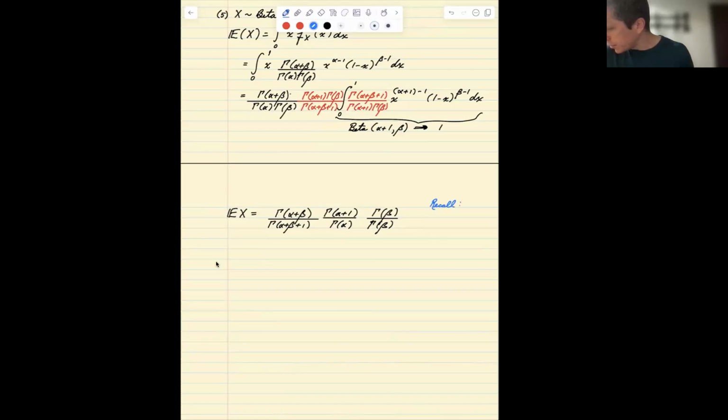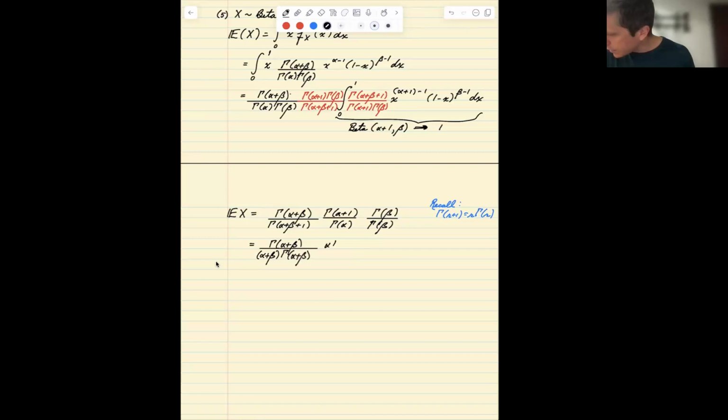But now recall the property of the gamma function: gamma of r plus 1 is equal to r times gamma of r, right? So in particular, gamma of alpha plus beta plus 1 can be written as alpha plus beta times gamma of alpha plus beta.